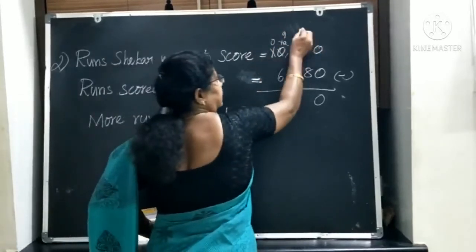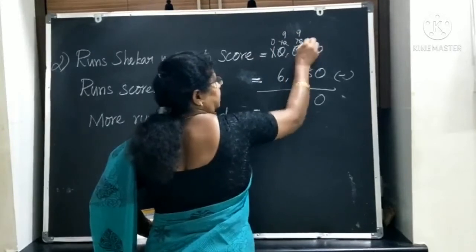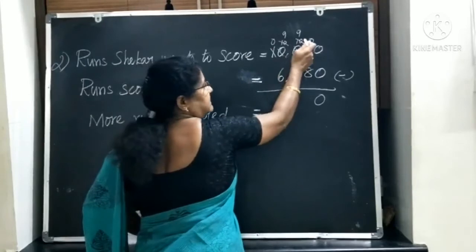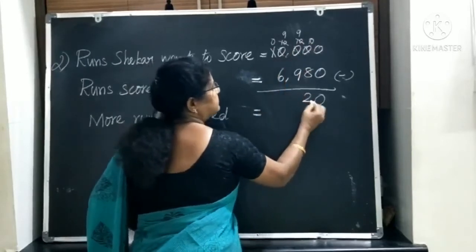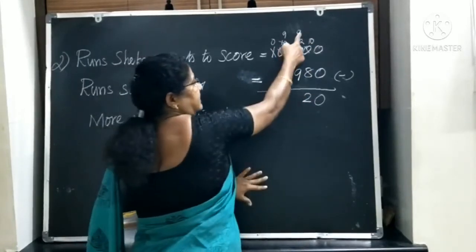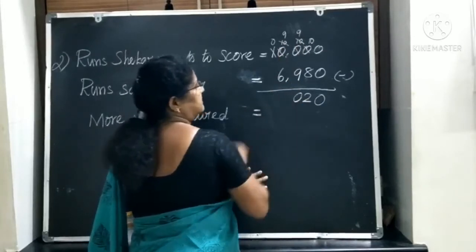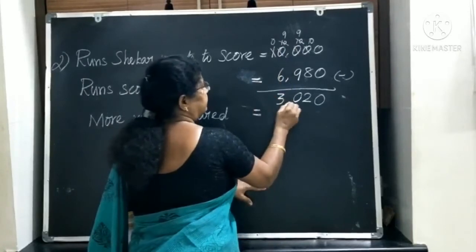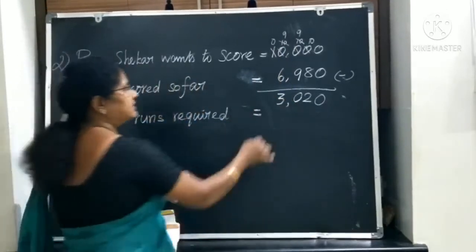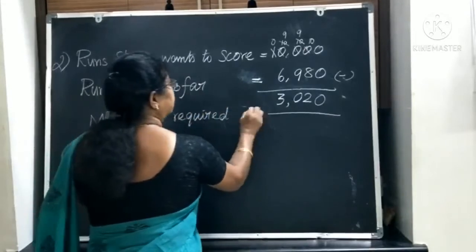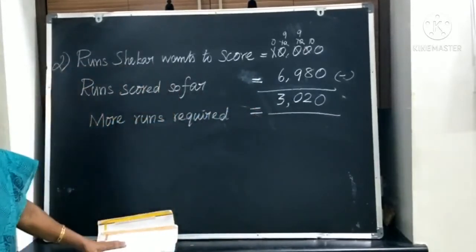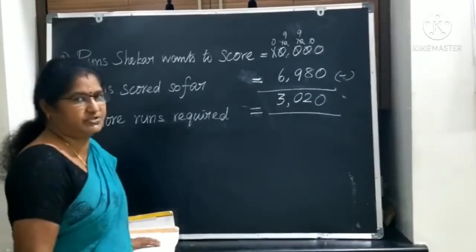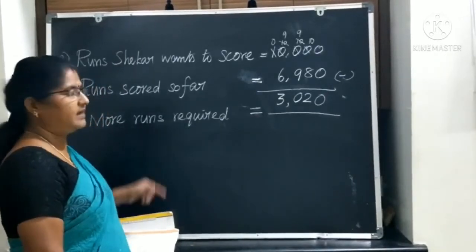Now from here it becomes 9. This one 10. This we already have done. So for this digit, 10 minus 8, 2. Next 9 minus 9, 0. Next 9 minus 6, 3. Okay. 3,020. Hence Shekhar needs 3,020 more runs to complete his wish. Understand? Write down.